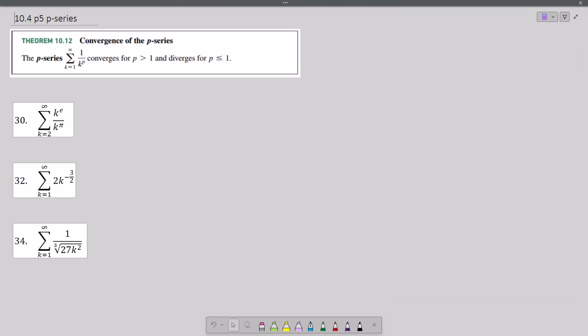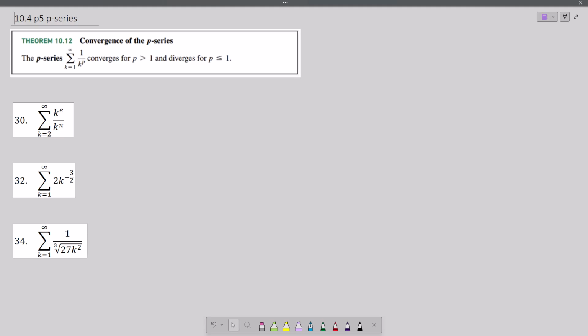Okay, new series, number 5. This one's the best. Most people love this one. This one's easy-ish. This should remind you of improper integration pretty much exactly. We already saw this.